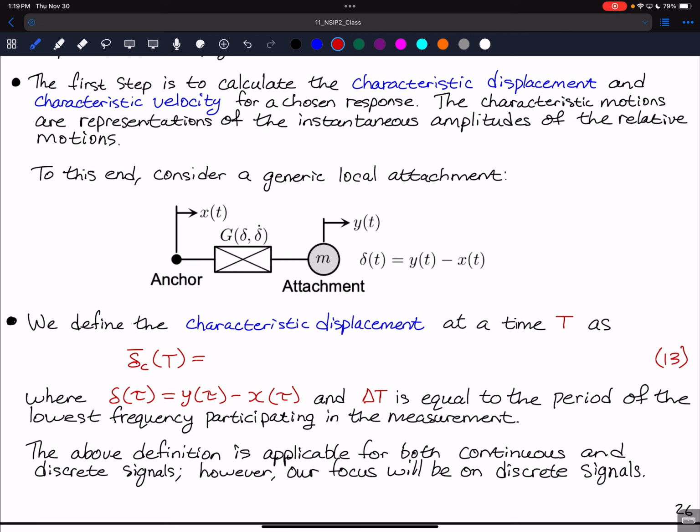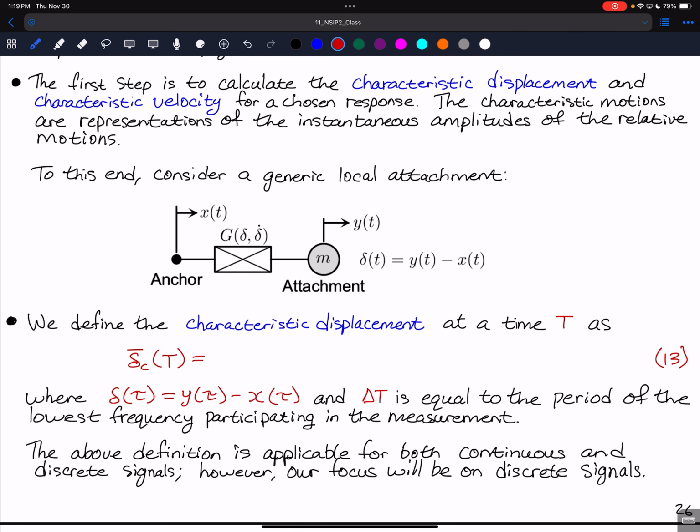We only care about knowing what its motion is at the attachment point and the motion of the attachment itself. We're considering just a generic coupling between the system, and the key thing here is that this delta variable is the relative displacement between the attachment and the anchor as shown up there, and delta dot is the relative velocity.